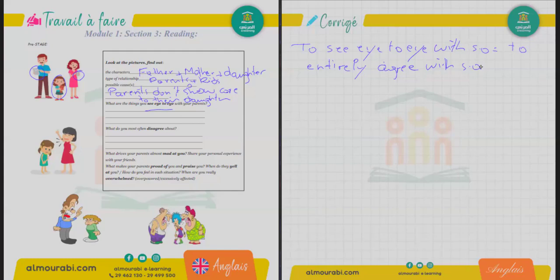What are the things that we see eye to eye with? Things that we always agree on as parents and kids. Just give me examples. If I ask you, for example, do you agree entirely about your education?